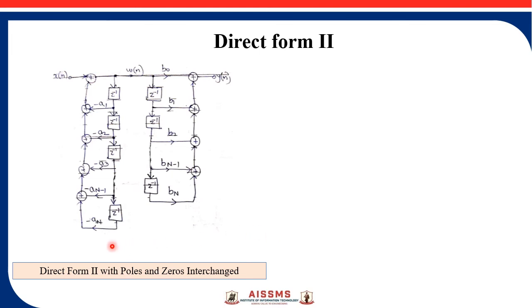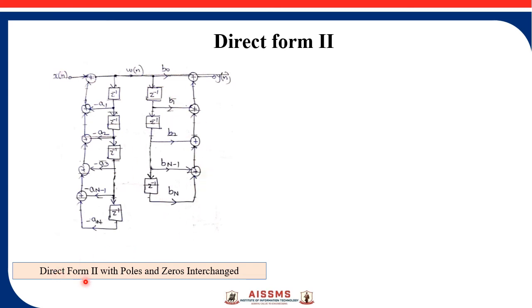So this is how we have realized it. First of all, we have realized the poles first and then the zeros. So if you refer to the direct form 1 flow graph, the poles are drawn over here and the zeros are drawn over here.